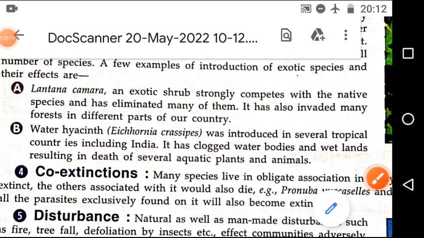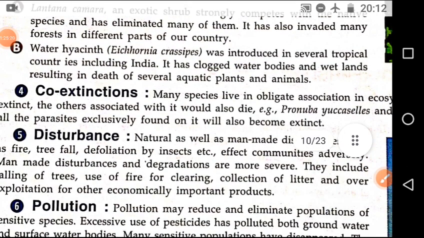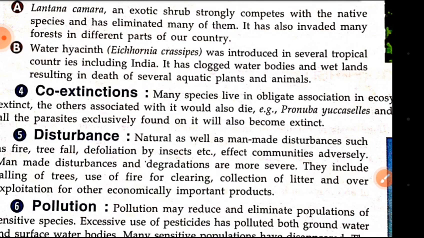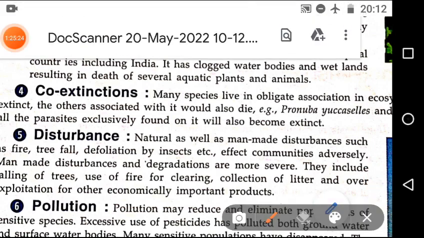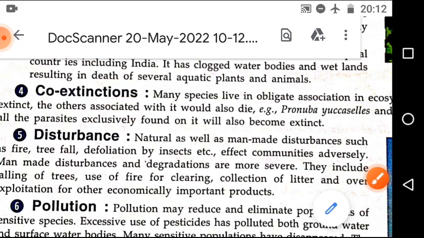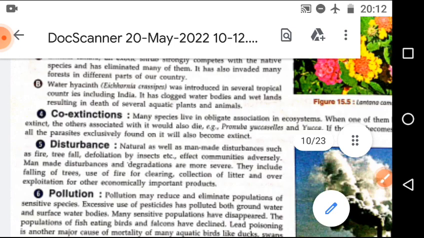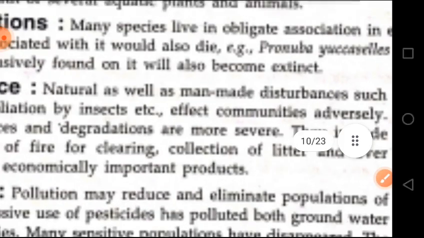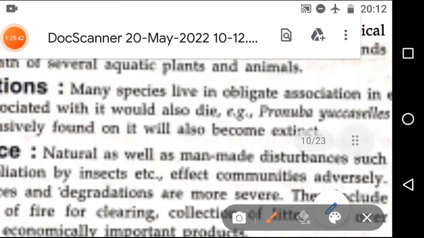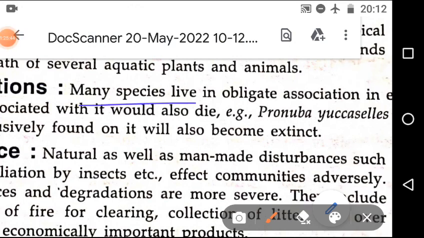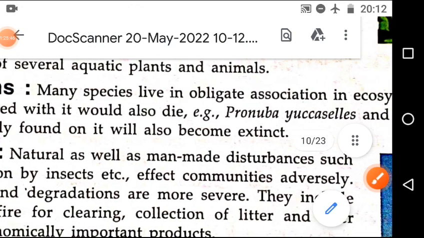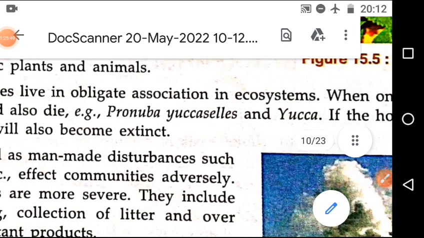Next is co-extinction. Well, co-extinction means extinction of one species leads to extinction of the other species. Many species live in obligate association in ecosystems.